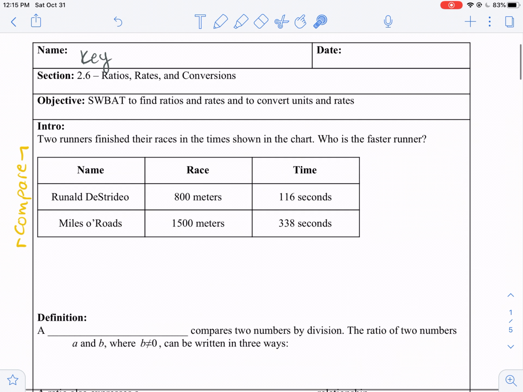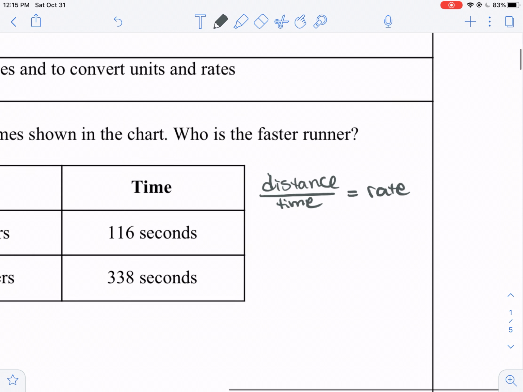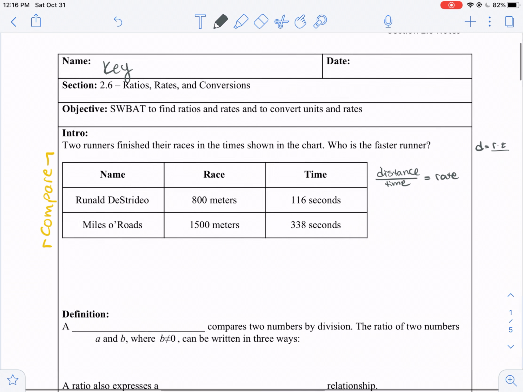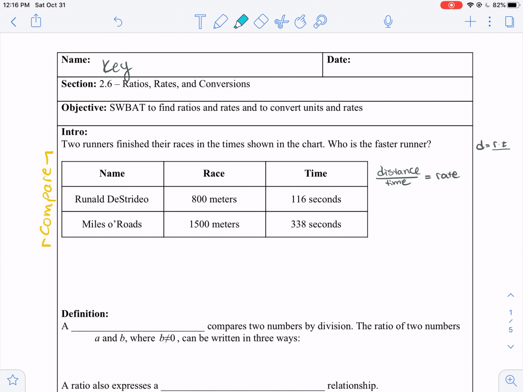Okay? So we start out with Ronald Distradio, and let's go ahead and put the distance over the time, because that will give us the rate. You remember from our last lesson, we had the formula distance equals rate times time, and then to solve for their rate, because we know their distance is here in meters.